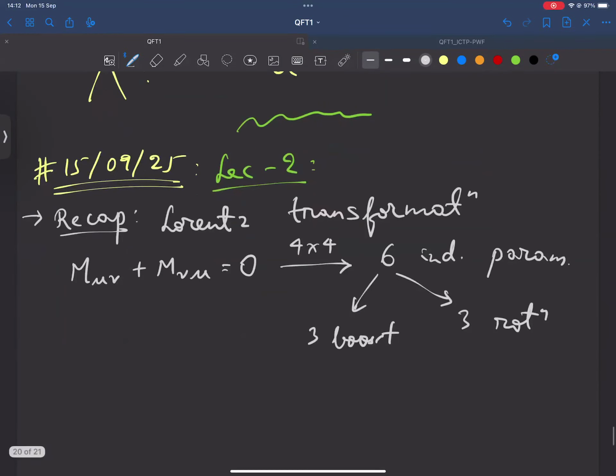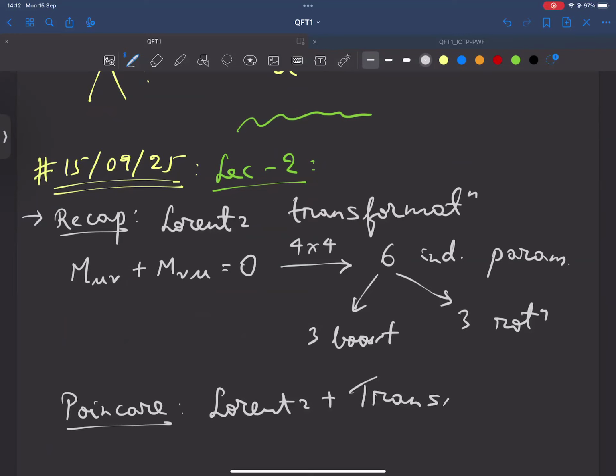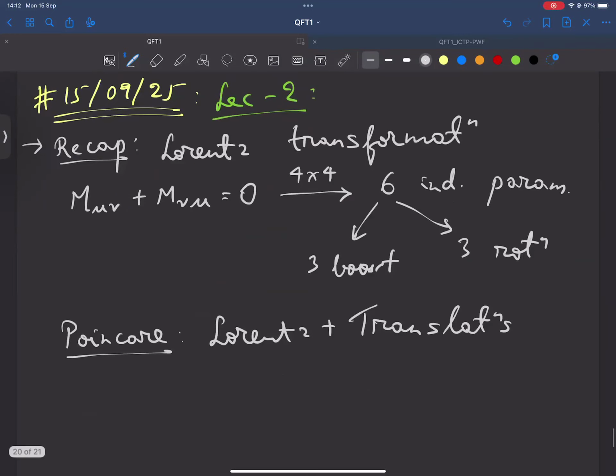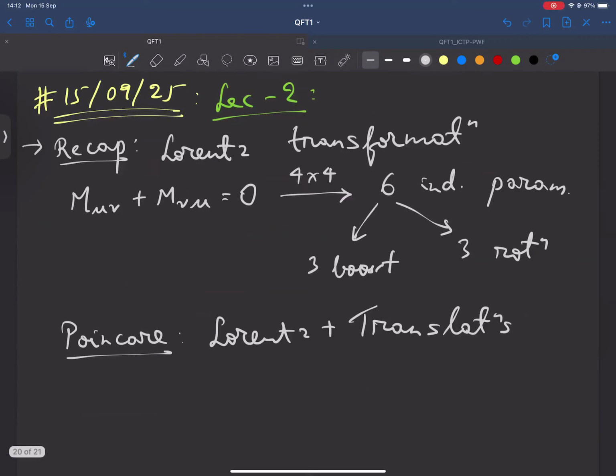And then we said that now we want to look at Poincare transformations, which are the Lorentz transformations that we looked at plus translations, right? So we already saw that there are 6 of the Lorentz, and as you know, we are in 4 dimensions, so there will be 4 independent translations.